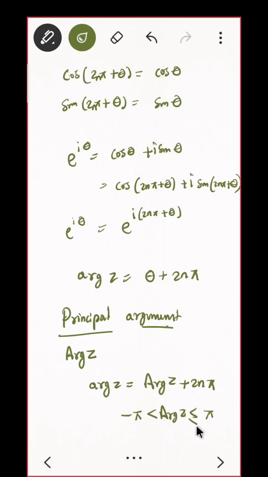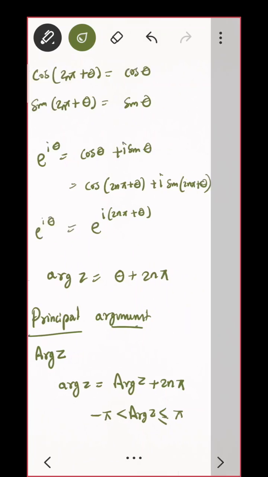Pi is included and minus pi is not included. That means if I talk graphically, it is something like this. It starts from this, this is pi, and here it will be minus pi, so it will be minus pi to pi included. This line is pi. Just consider this side above as positive and below as negative.